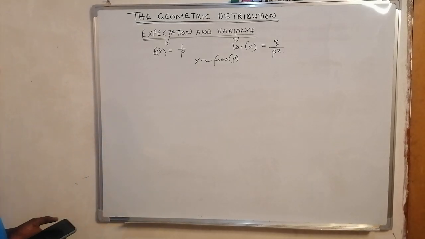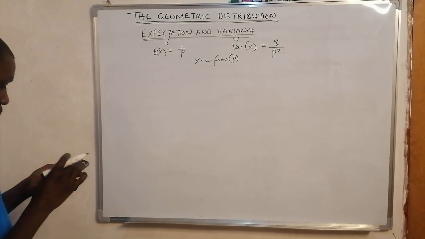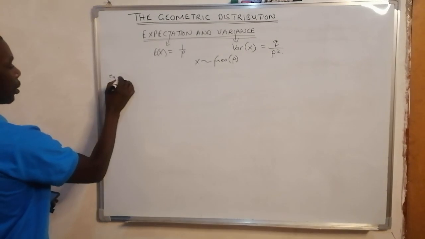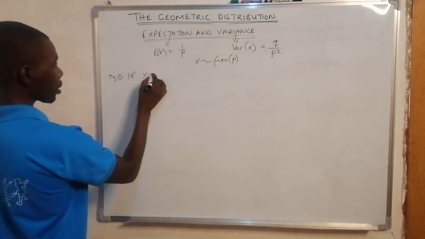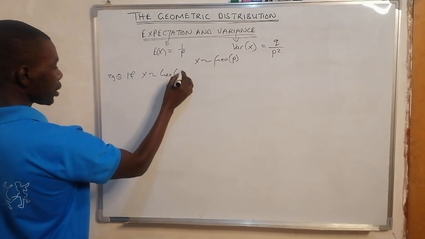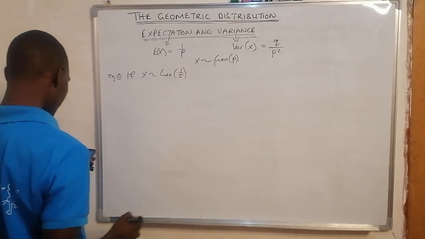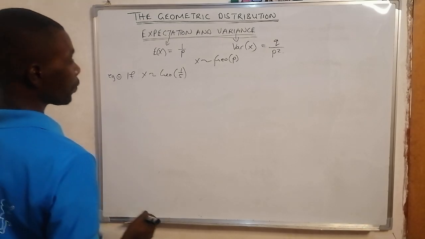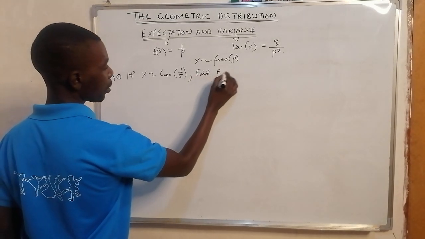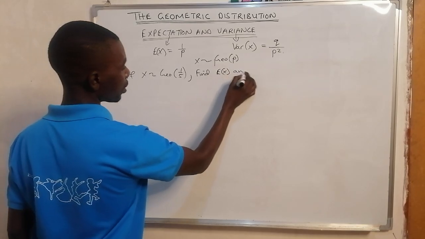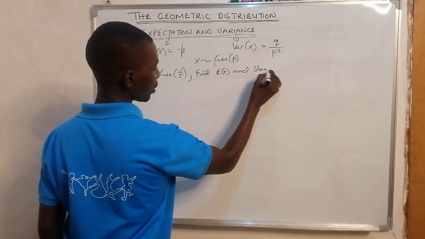Right, so let's have an example. Example number 1. If x follows a geometric distribution with p equal to 1 over 5, find E of x and the standard deviation.